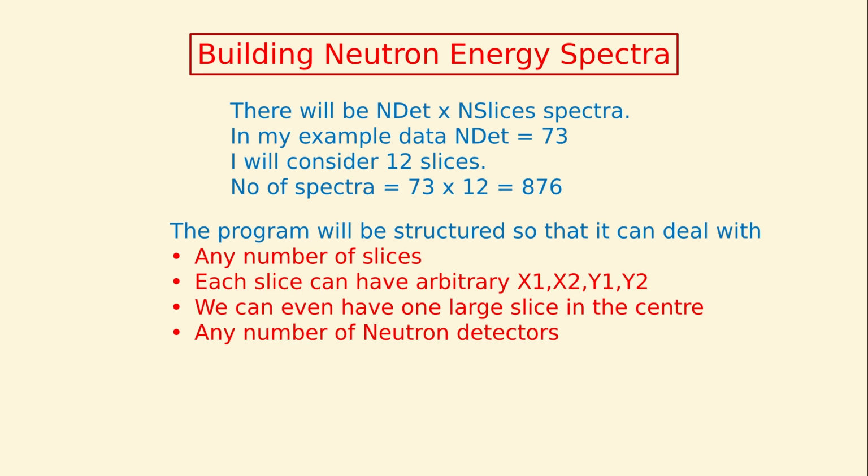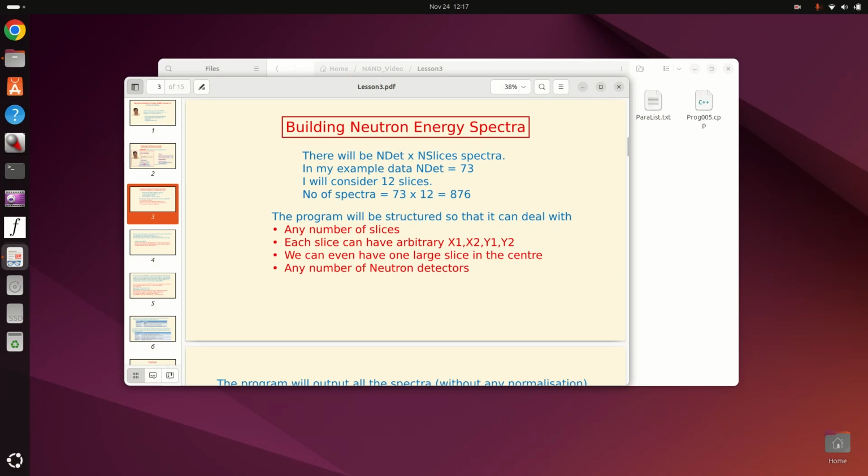We are trying to build in this lesson a number of neutron energy spectra, which will be having 73 detectors.